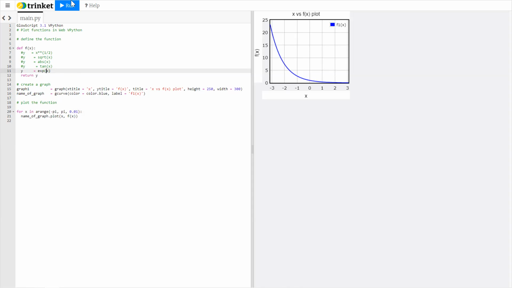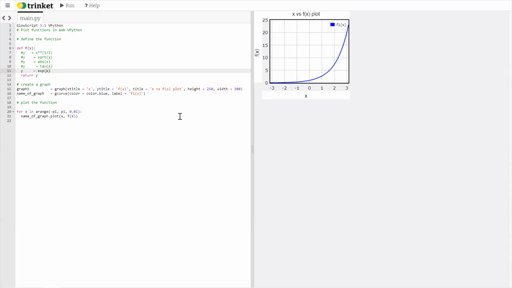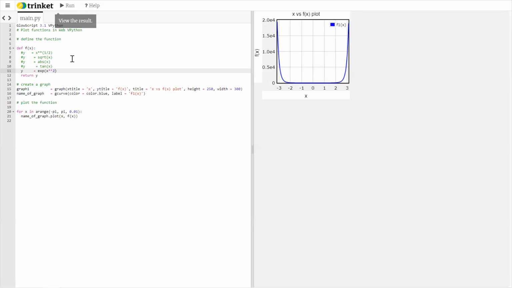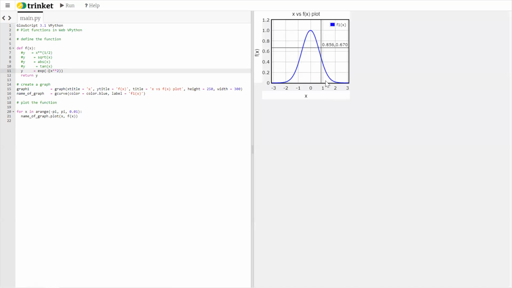If we make this positive, we have the exponential increase. If it is exponential x squared, and if it is negative exponential x squared, we have this Gaussian function.